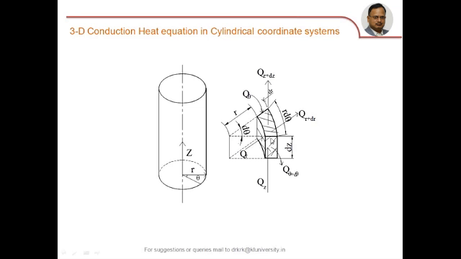Because of all these, let us assume there is an internal heat generation per unit volume of Q. So there is a total internal heat generation of Q into the volume, that is dr into r d theta into dz.